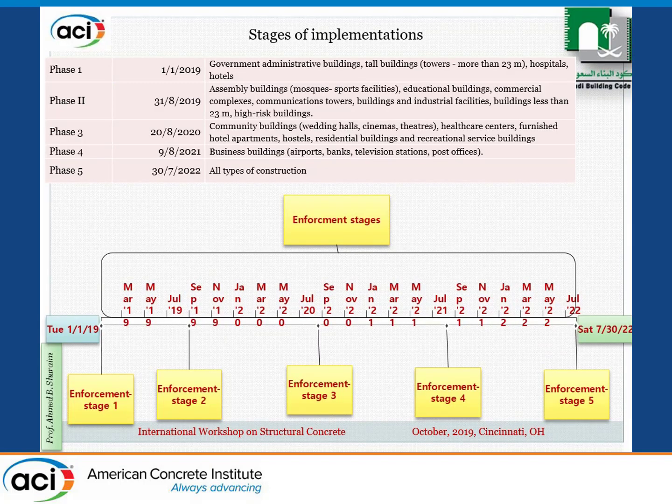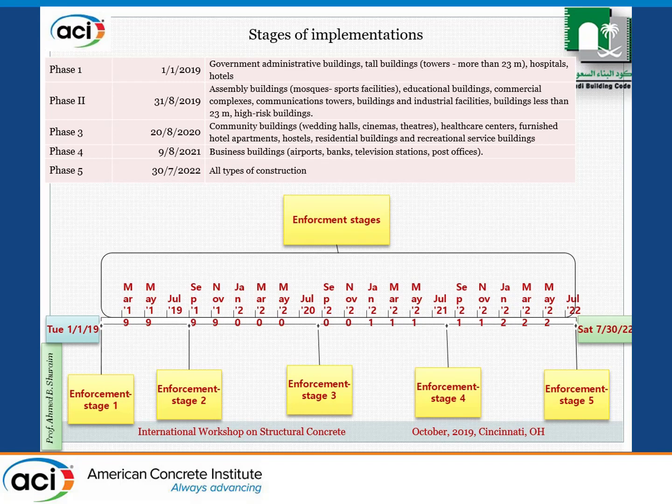Okay, the other thing we are doing for the implementation is to do it gradually. This is also to buy some time. So starting this year, January 1st, enforcement stage 1 is mainly for governmental buildings, high-rise buildings, etc. Stage 2 started a few months ago, and it is also expanding the coverage.